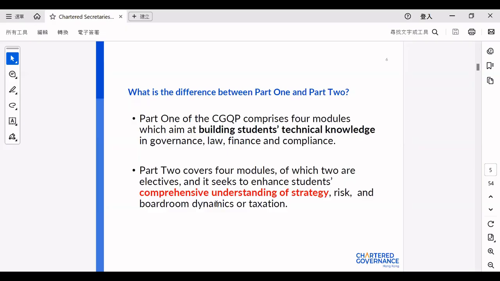By understanding the topic, it doesn't mean that you can recite the models, what is Porter's generic strategies, what are Porter's five forces. You are not asked about this technical knowledge or the knowledge on some of these models. You have to show that you really understand how to apply these models to the facts, to the case, to the problem.